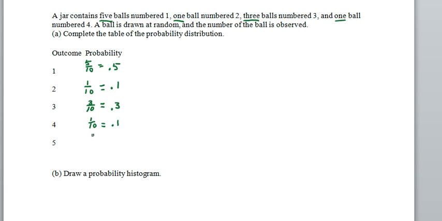And there are no balls numbered 5, so that probability is 0. Notice that the sum adds up to 1, and so all different outcomes have been considered, as well as one additional one.